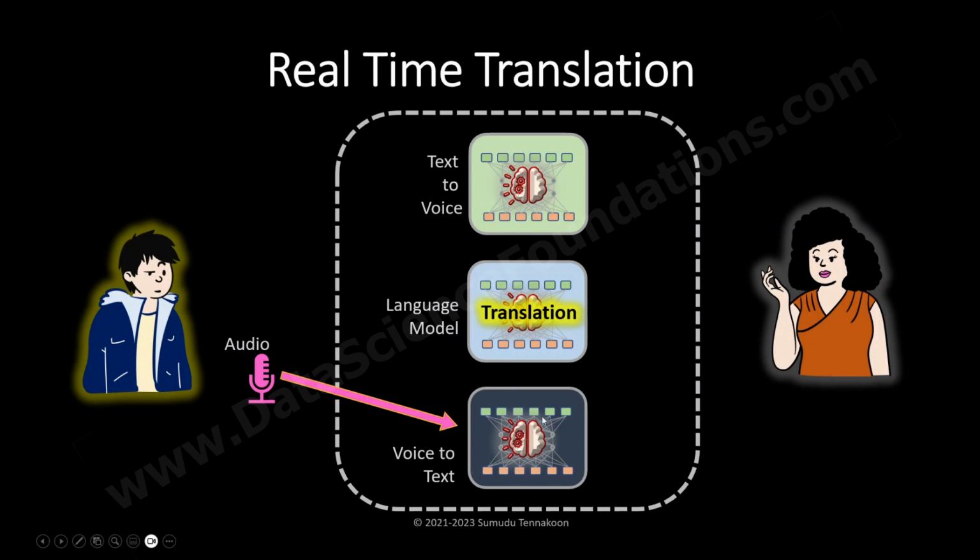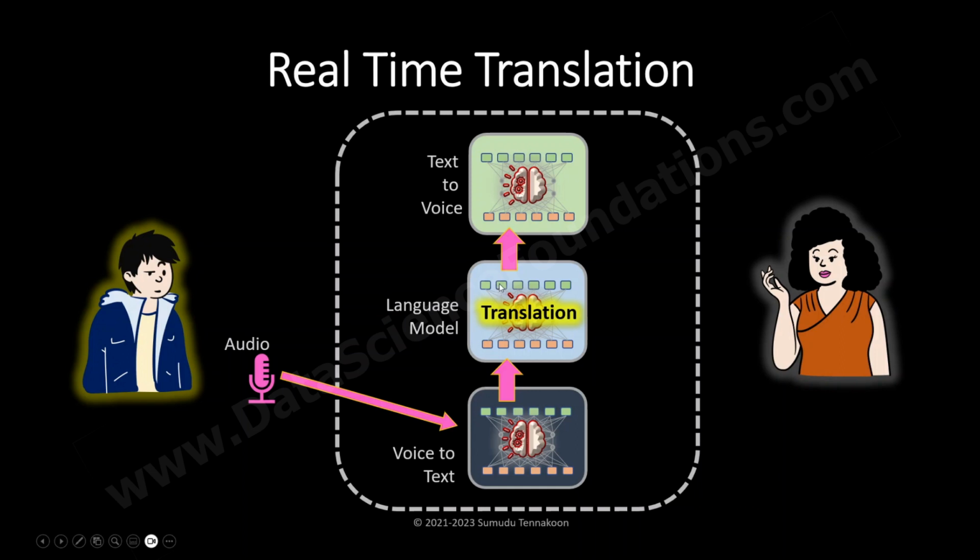So that is the first step. The second step would be to send that transcribed text to the language model. The language model is capable of translating, taking the input text from one language and converting it into a different language. That is what the language model does here in the center of the screen.